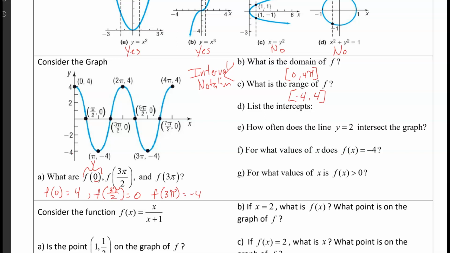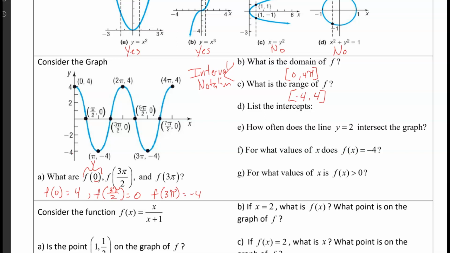How often does the line y = 2 intersect the graph? So here, were you going to answer? Go ahead. Yes. I was going to do a leading question asking, is y = 2 a horizontal line or a vertical line? Horizontal. Yes, it's horizontal.